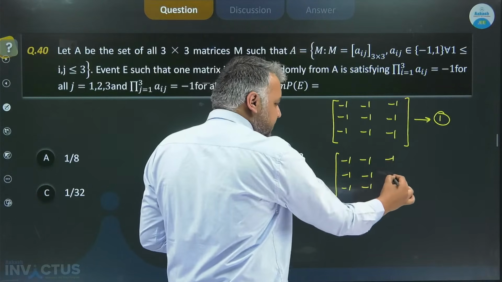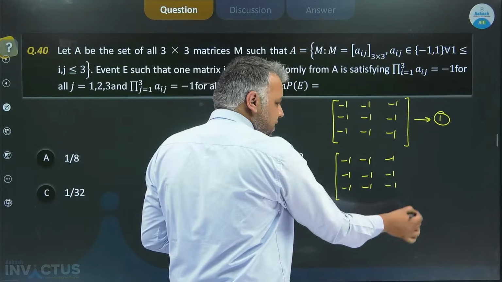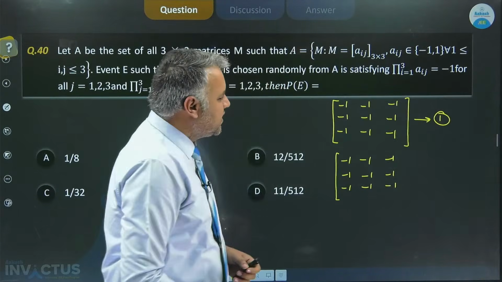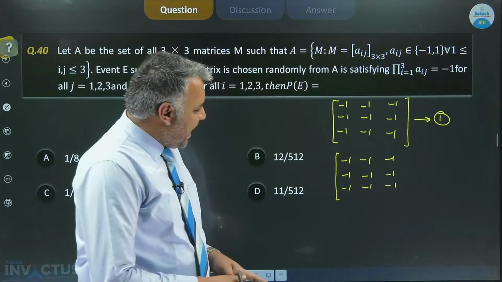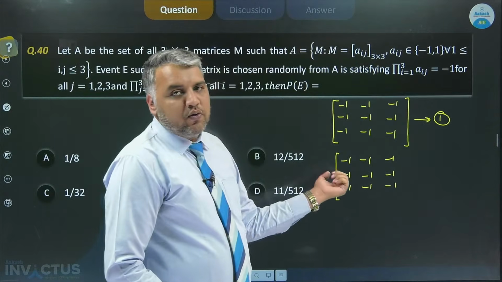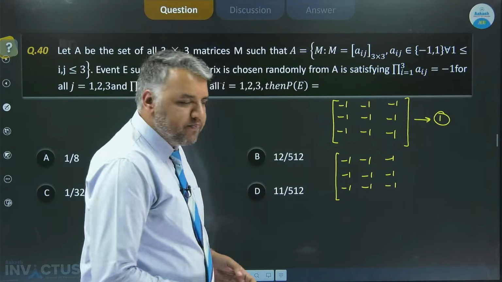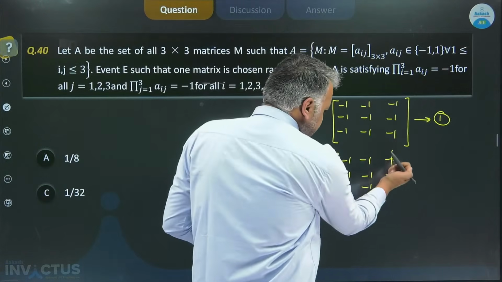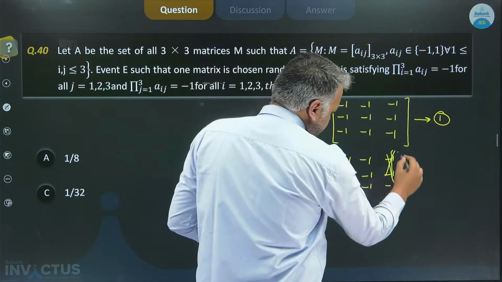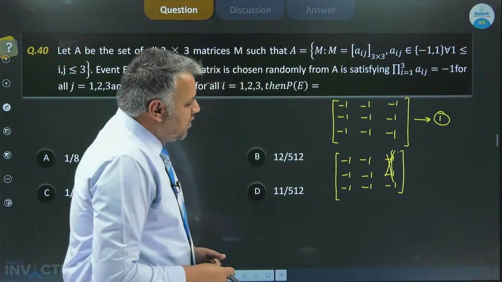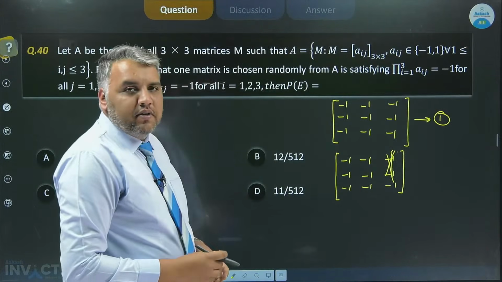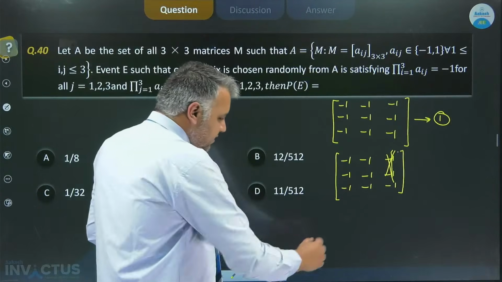So here it will be -1, here -1, here -1. It will be the same as we discussed above. So exactly 2 columns cannot contain all the 3 negative signs. Okay, so this is already discussed.